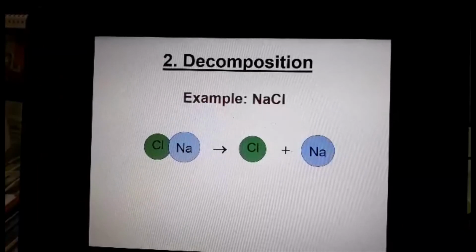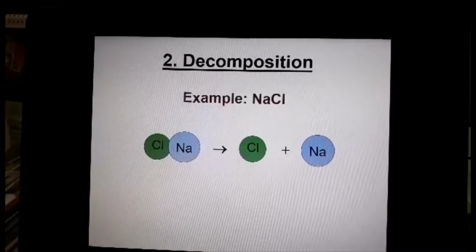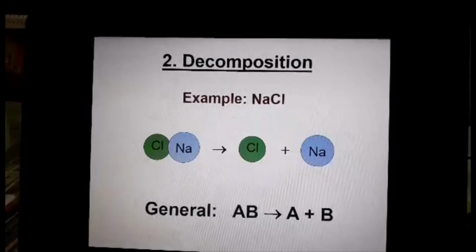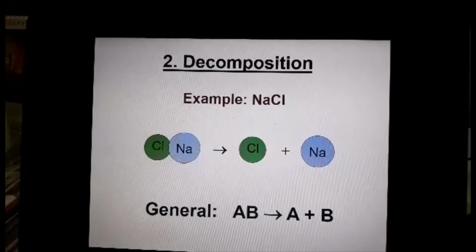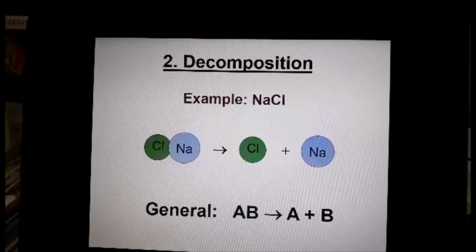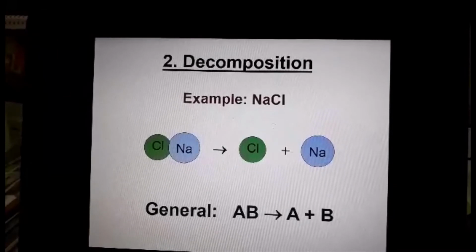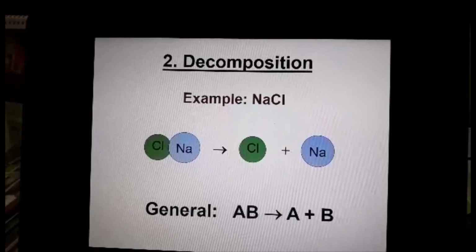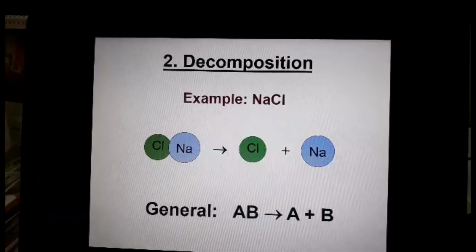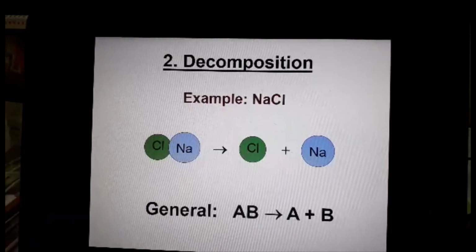Cl plus Na. The general equation is AB is equal to A plus B. Take note that there is always an arrow. The arrow indicates the direction of the product.